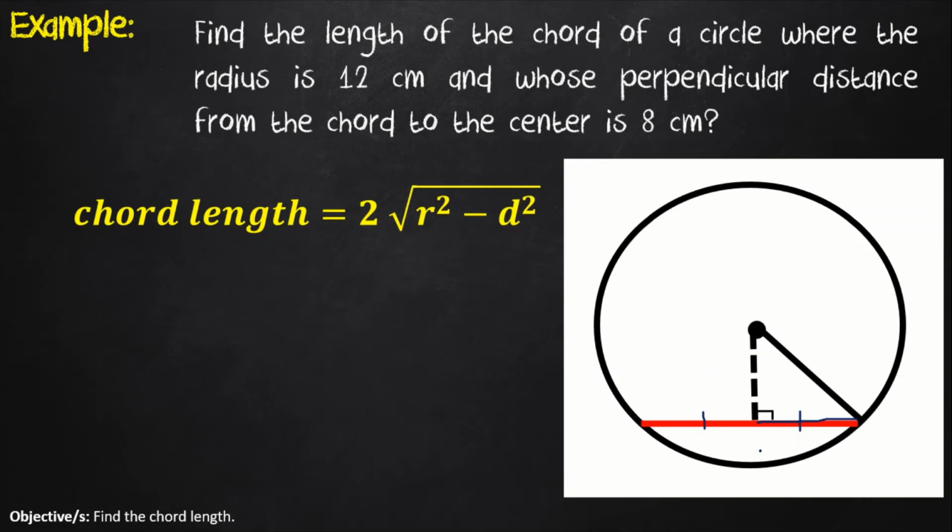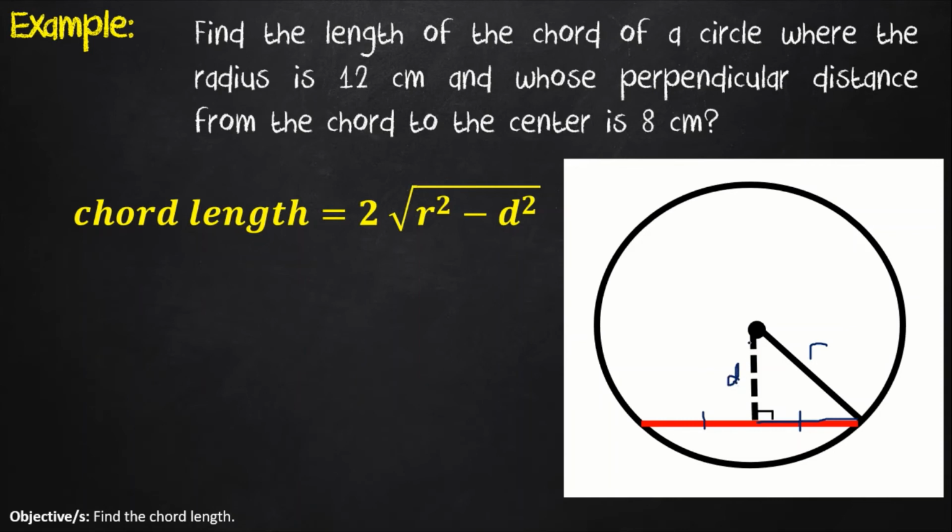Now, meron tayo na buong right triangle. So, in a right triangle, pwede natin i-apply ang concept ng Pythagorean theorem. So, since ito yung ating right angle, this side or this hypotenuse is actually the radius of the circle. At etong side naman ng right triangle, let us represent it with d. Okay?